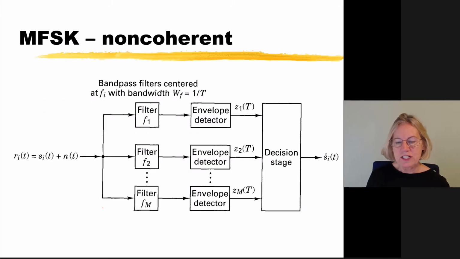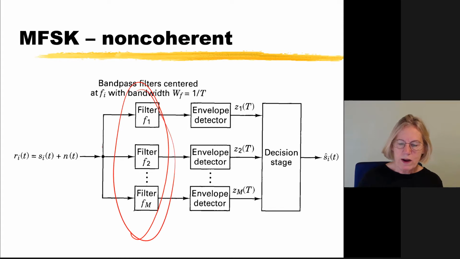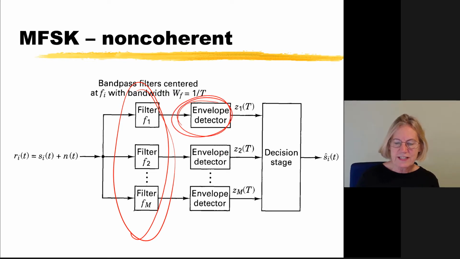So what do we actually do instead of this sort of cumbersome receiver? Well, what we do is, these are different frequencies. So what we can do is a filter bank. So we have here a filter bank where we take each one of the frequencies and we say, is there energy inside of this passband?